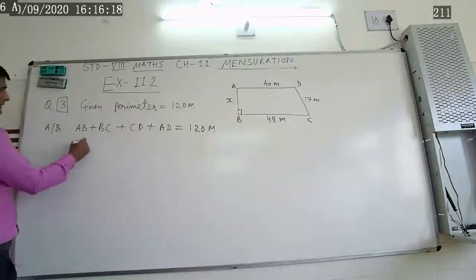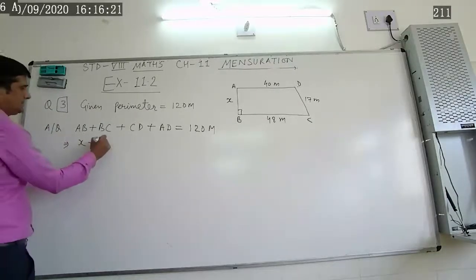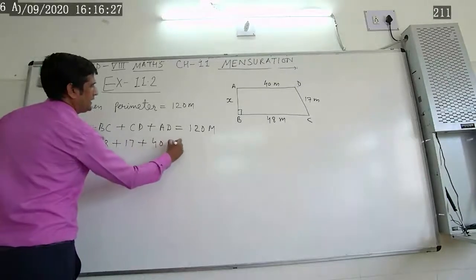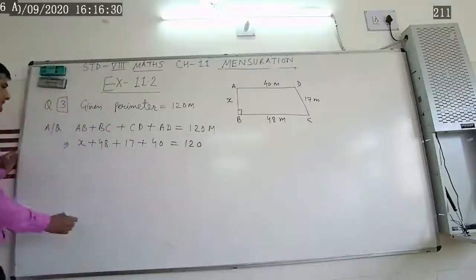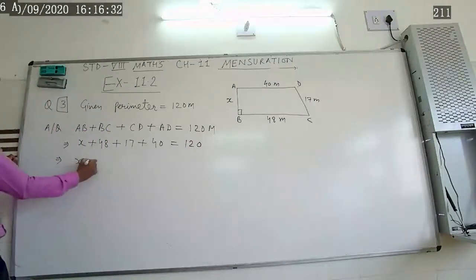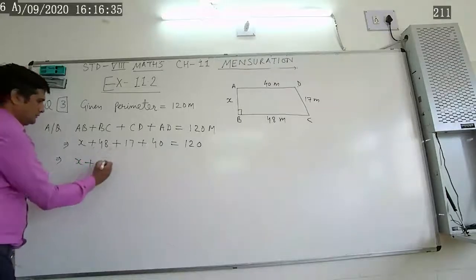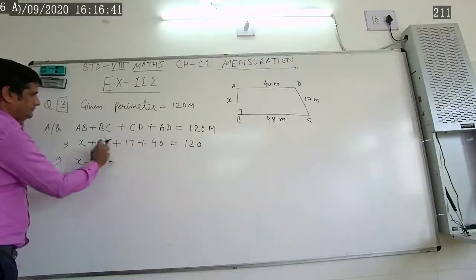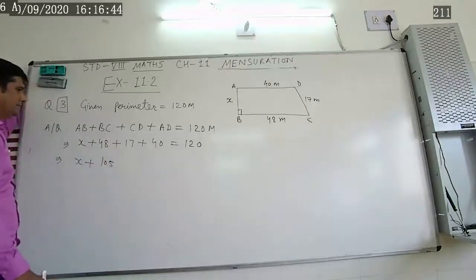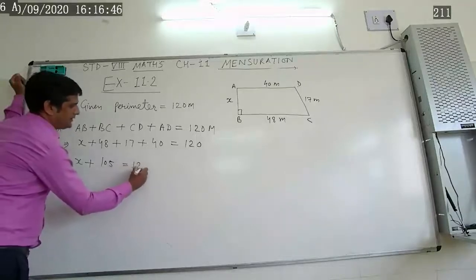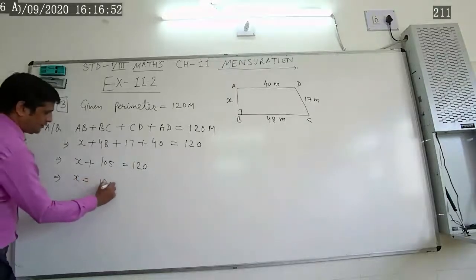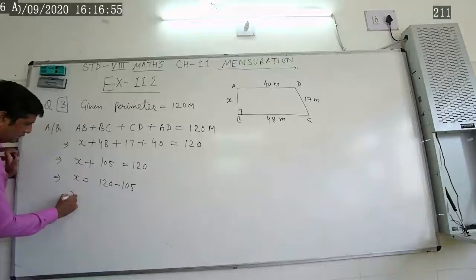So what is the value of AB? x plus 48 plus 17 plus 40 is equal to 120. So this whole will become x plus 105 is equal to 120. So x value will be 120 minus 105.